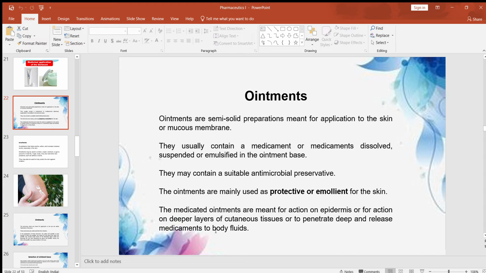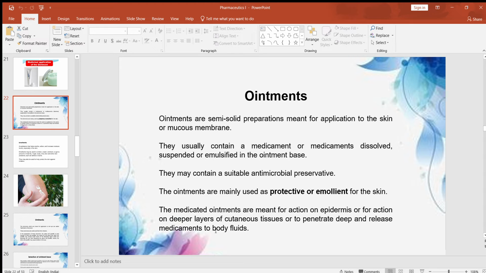But when we apply a formulation on the surface of skin, the time will vary according to how the formulation is prepared. If we administer an injection directly into blood circulation, we inject the medicine, so the onset of action will start immediately, meaning the drug will show its effect immediately or within a very short period of time.